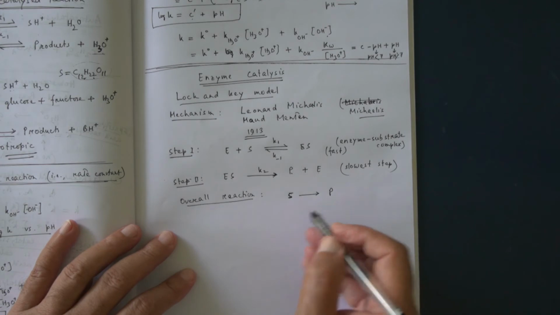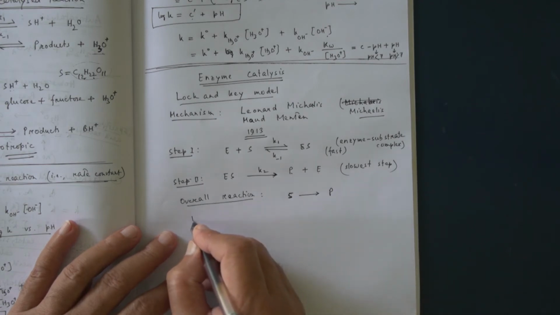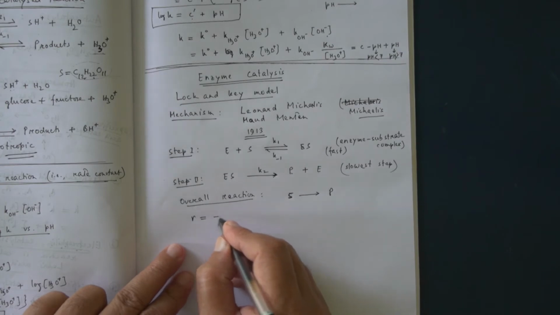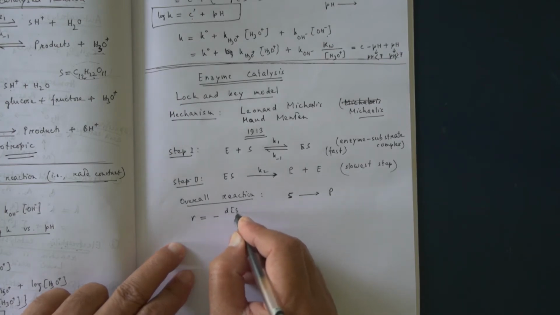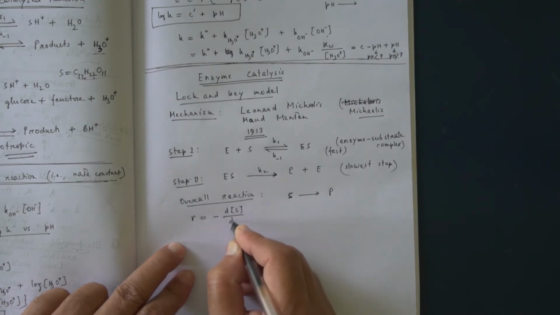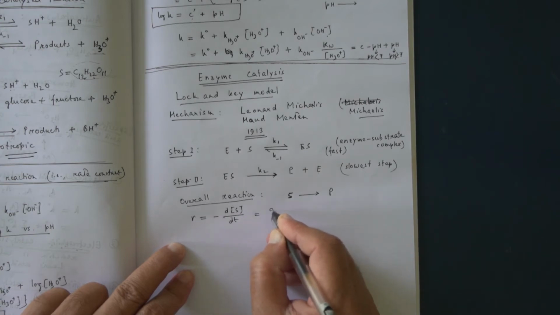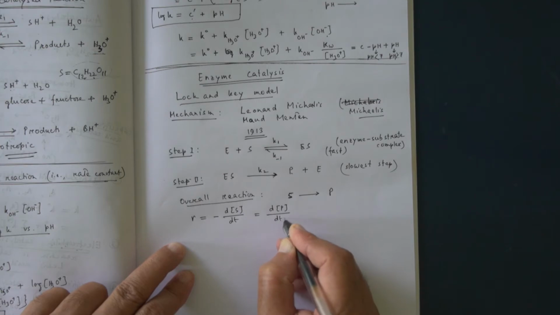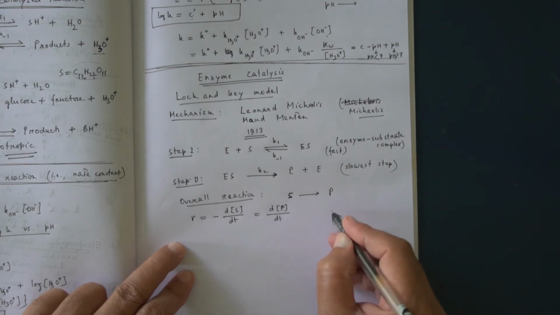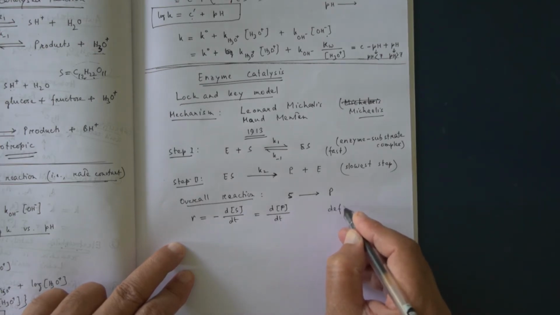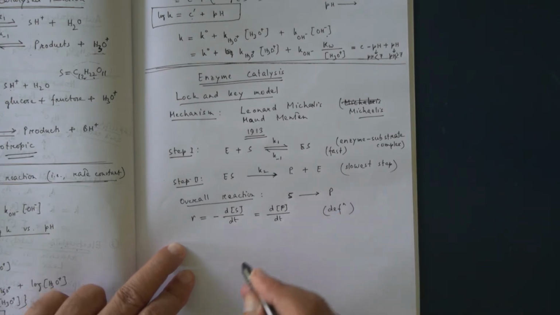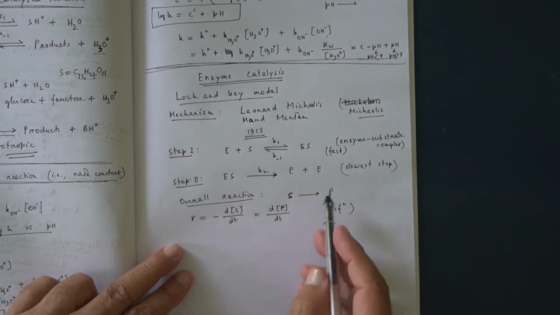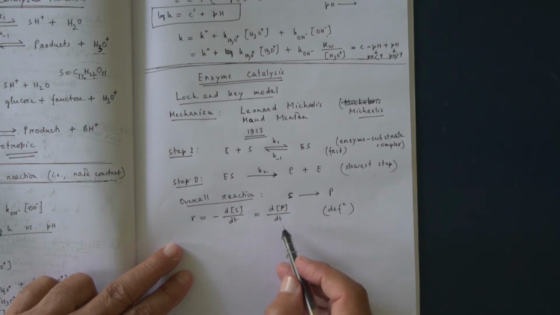So from this, the rate of reaction equals minus dS by dt equals dP by dt. This is the definition of rate of reaction.